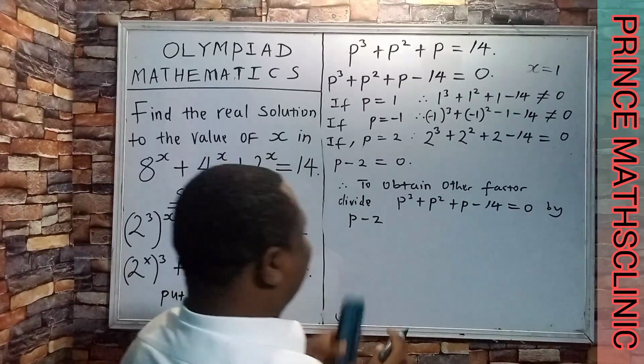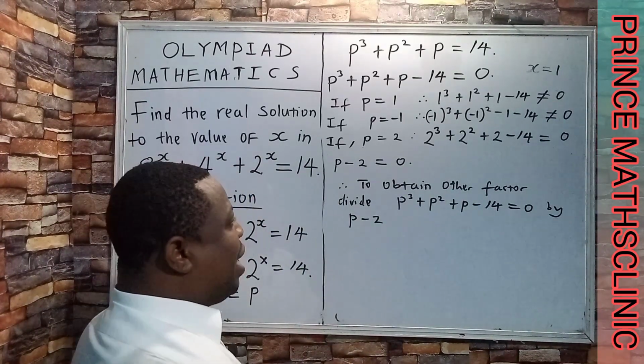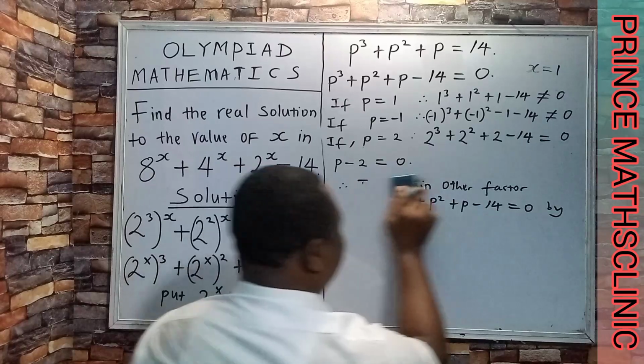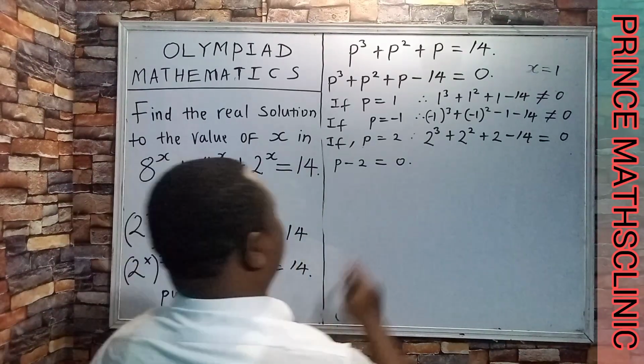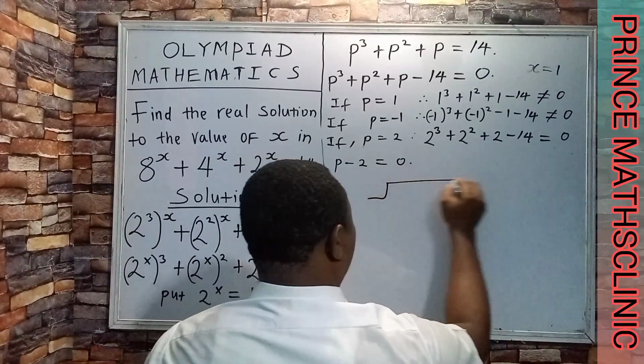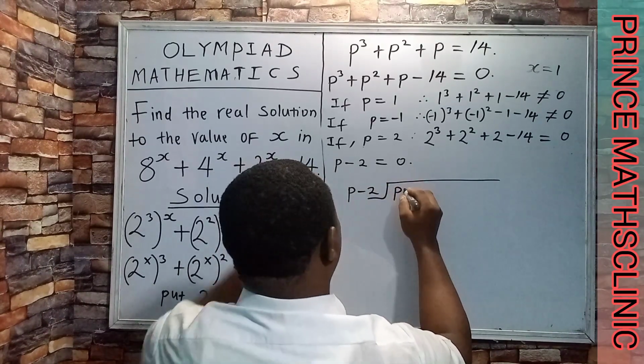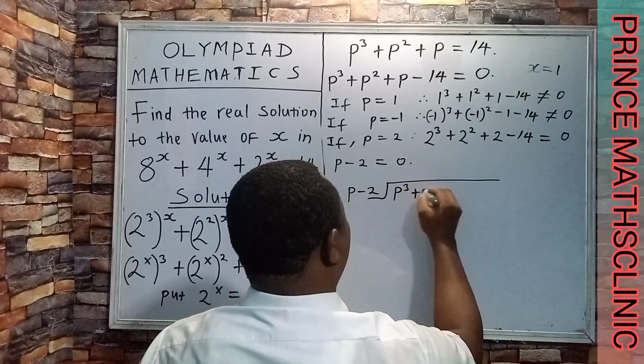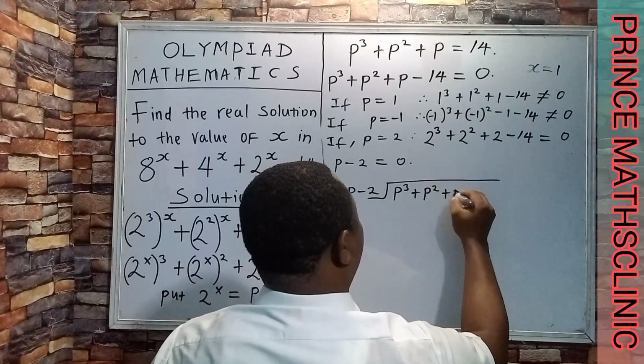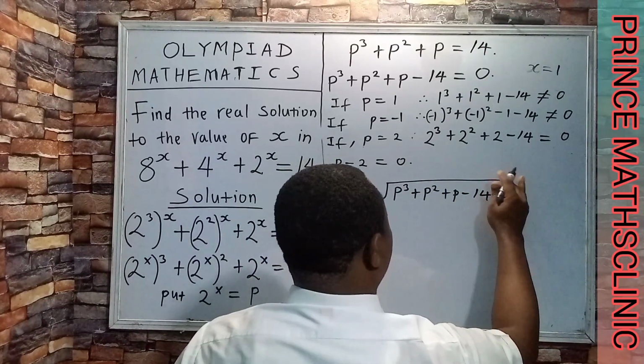So if you do that, here is what you are going to obtain. So let's do that. So I'm going to put p minus 2 here, then put this p cubed plus p squared plus p minus 14.